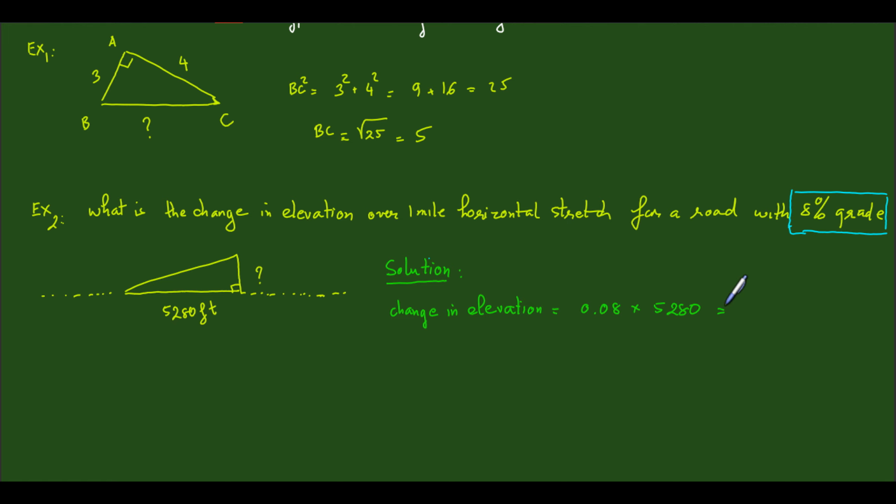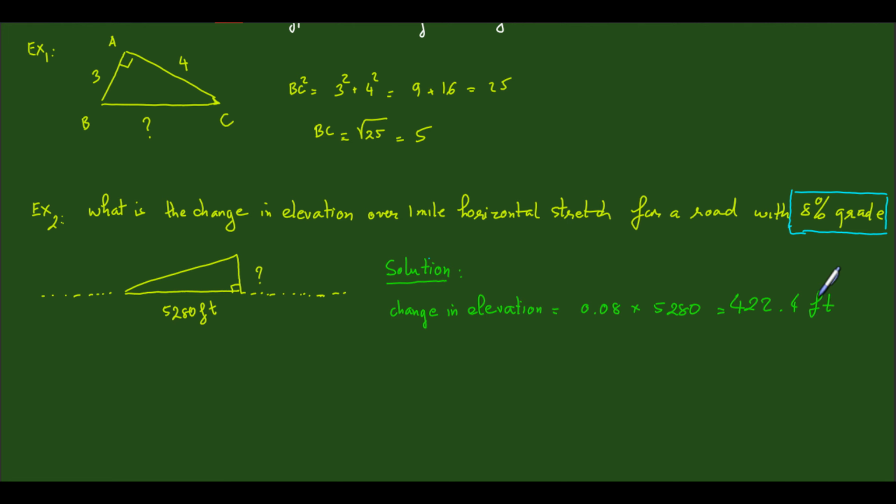I'm sorry, 5,280, not 5,250. Because 1 mile is 5,280 feet. So I multiply that, 0.08 times 5,280, which gives you 422.4 feet.